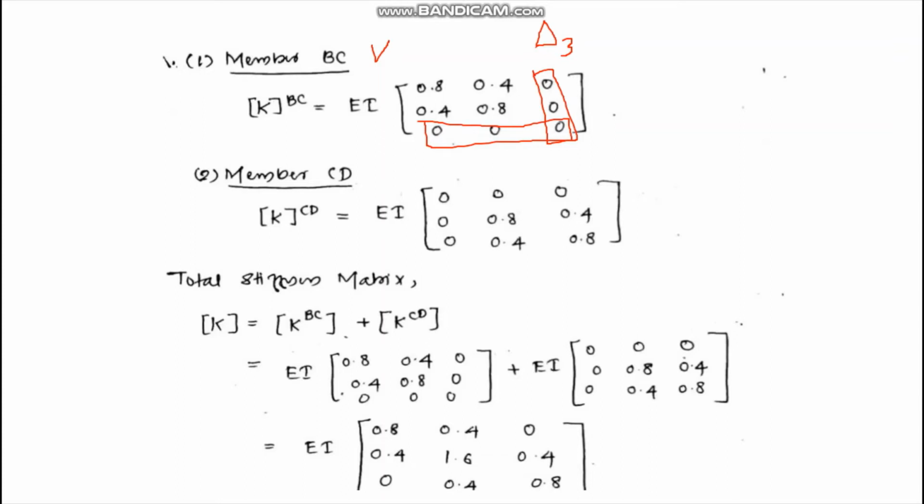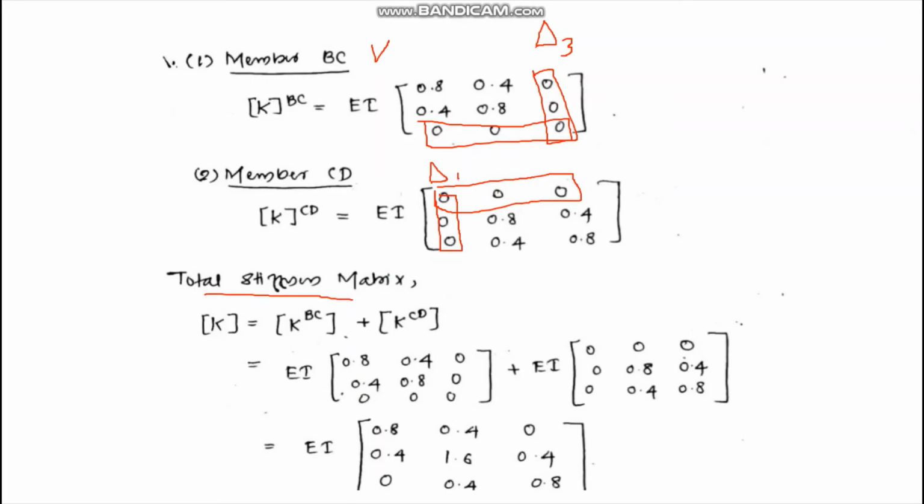In member CD, it has the effect of coordinates 2 and 3, but it doesn't have the effect of delta 1. So in that position, we have to provide a row and a column of zeros in order to form a 3 into 3 matrix. After that, the next step is to find the total stiffness matrix.